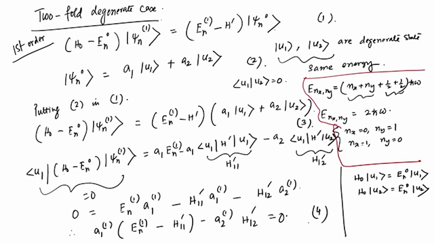equation 4. So, this is what we get by just to remind you of the steps that we have written down the Schrodinger equation at the first order, that is first order in lambda, which is the smallness parameter, and then because of this degenerate case, this is the ansatz made for the degenerate case, that is you have the two degenerate eigenstates U1 and U2, which are mutually orthogonal, and they both give rise to energy En0.